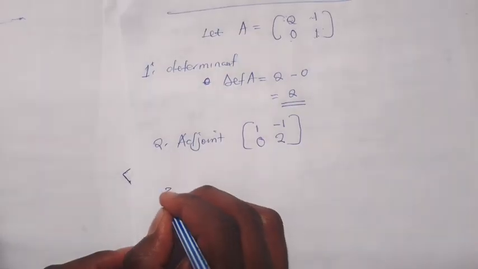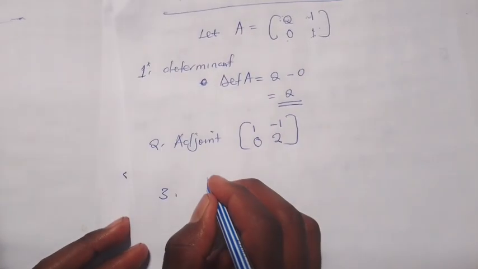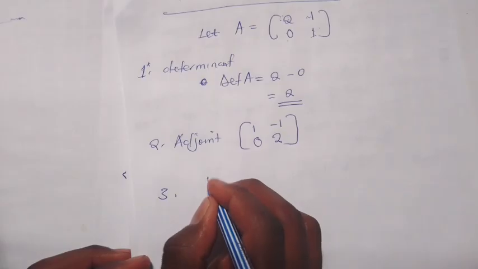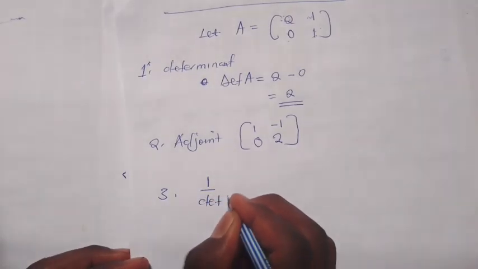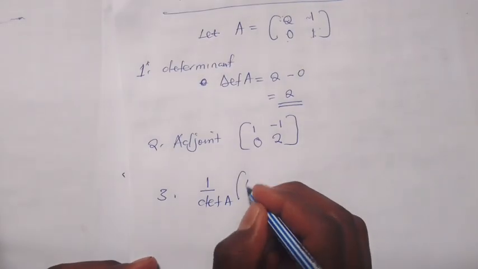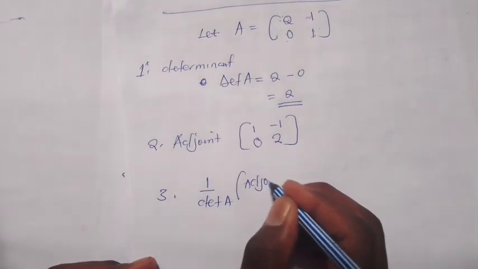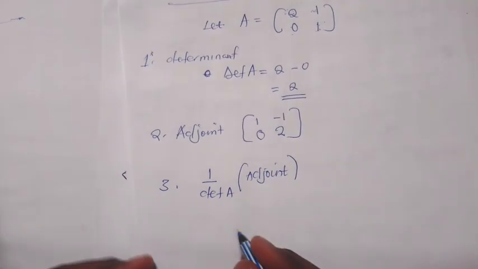You multiply 1 over the determinant by the adjoint. Let's replace.